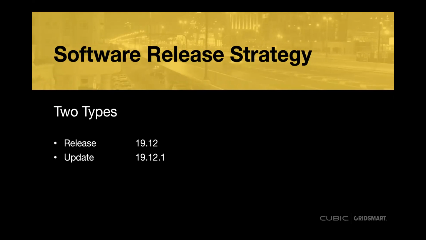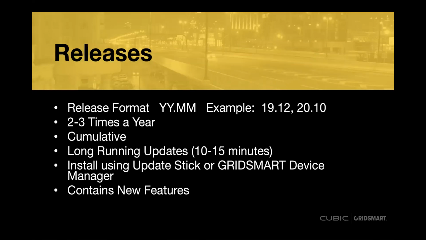We have two types. One is a release, and the other is an update. You can see here the version numbers typically for a release will be something like 19.12, or an update will be something like 19.12.1. And we'll talk more about that as we continue here.